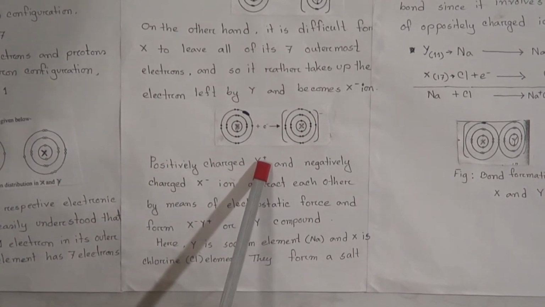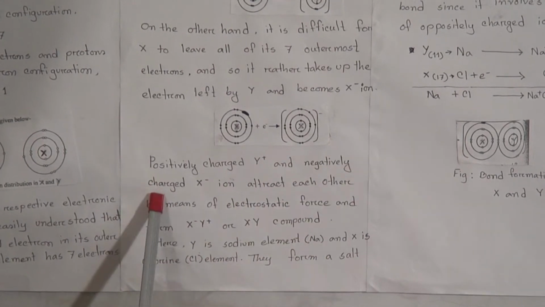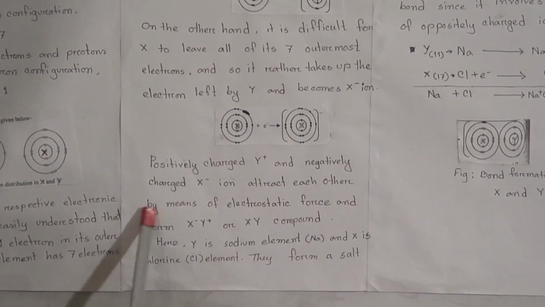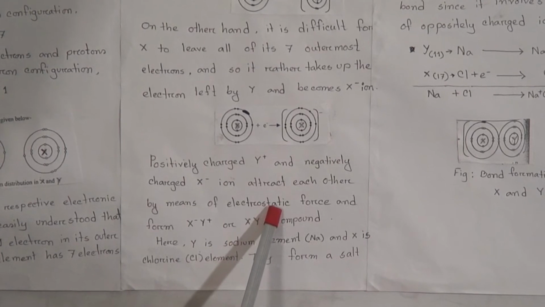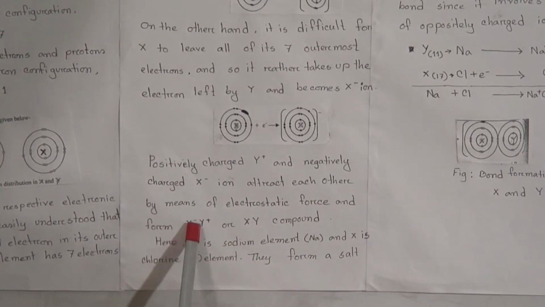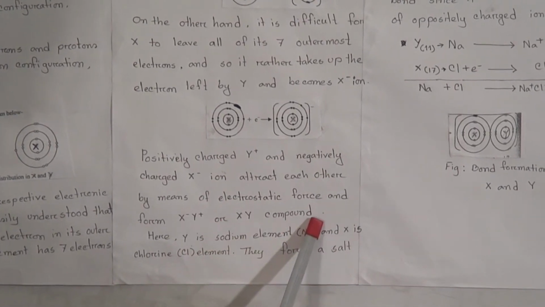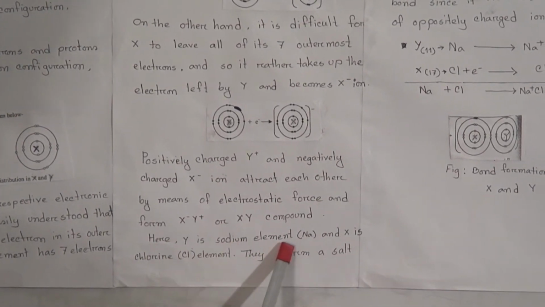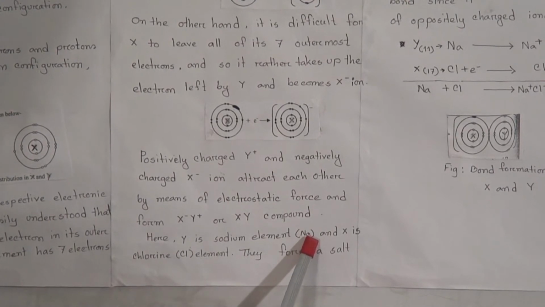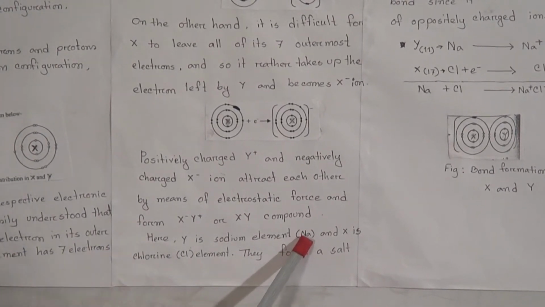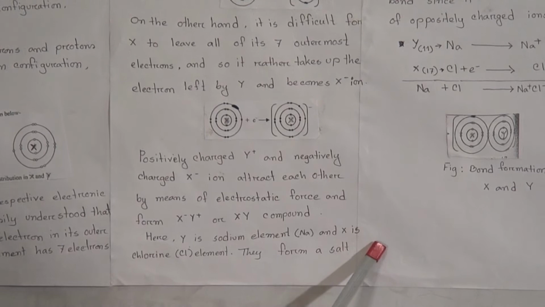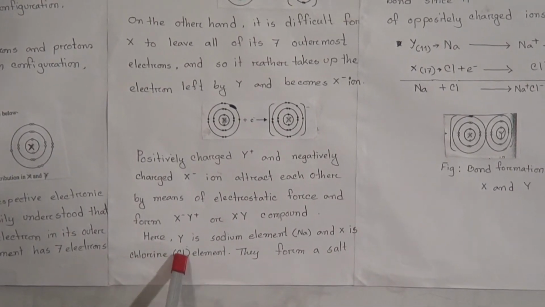Positively charged Y and negatively charged X ions attract each other by means of electrostatic force and form X minus Y plus, or XY compound. Here Y is the sodium element, that means it is the symbol of sodium, Na, and X is chlorine, that means Cl element.